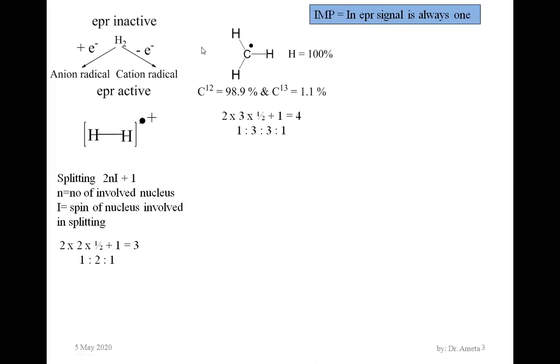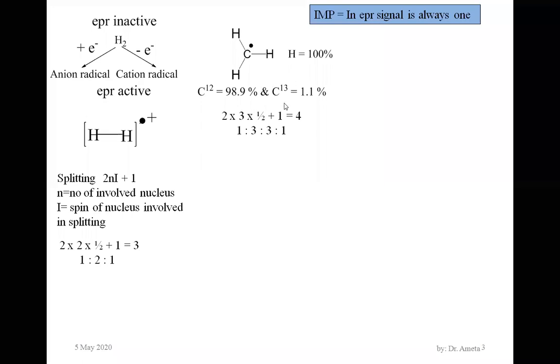Similarly, if we take the example of the methyl free radical, there is a condition. The abundance of H is naturally 100%, but in case of carbon there are two isotopes, C12 and C13. C12 is 98.9% available in nature, but C13 is only 1.1% available in nature.